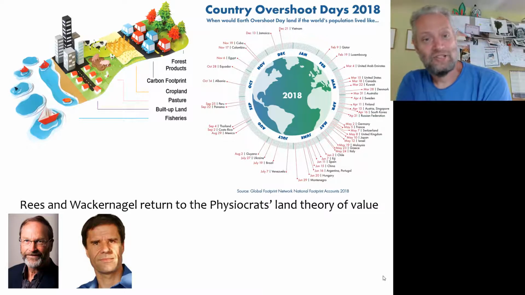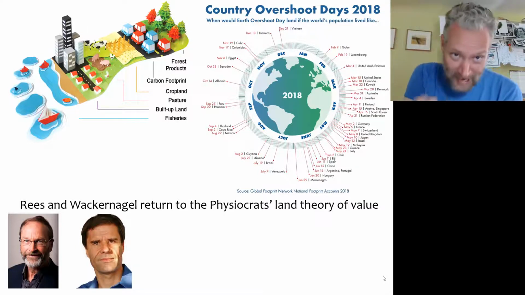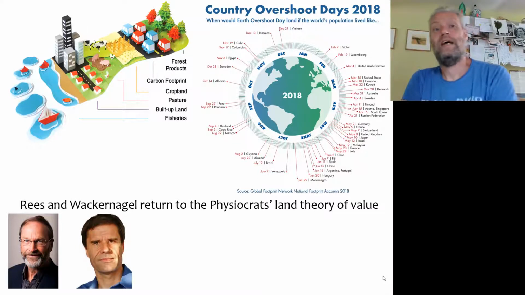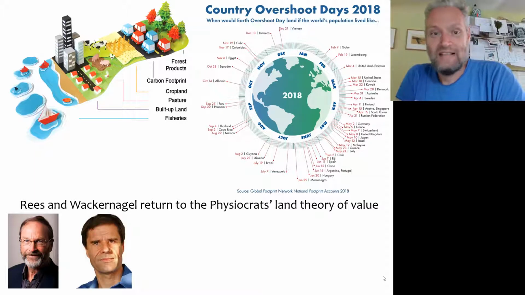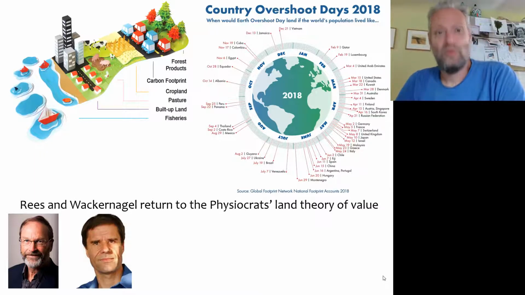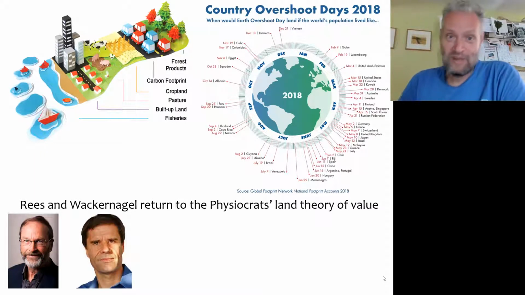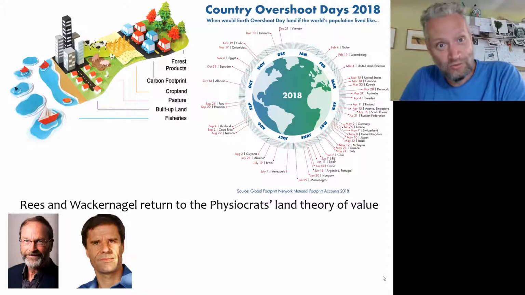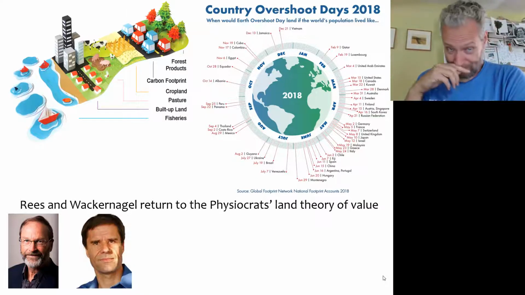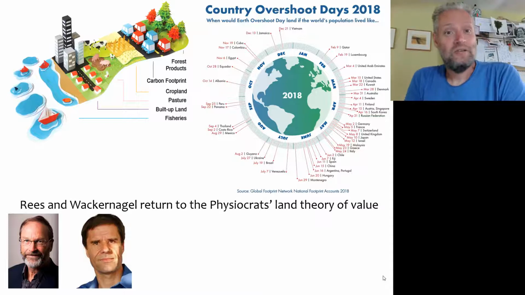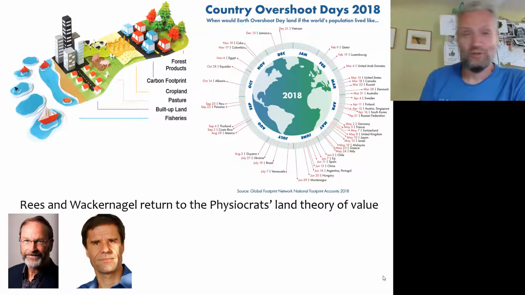And if there is something bad like pollution or climate change, then the negative value of that is the amount of land that you need to restore the damage. So if you emit CO2 burning fossil fuel, you do damage, and that damage is equal to the number of hectares of trees that you need to plant in order to absorb that CO2 again.